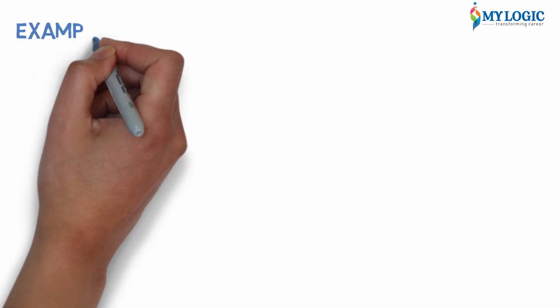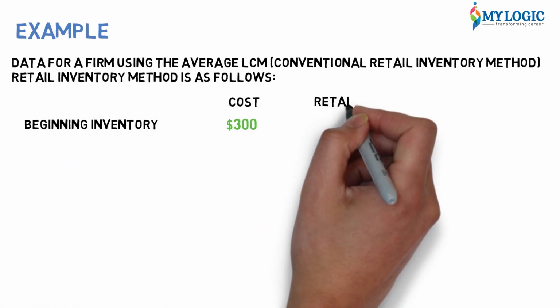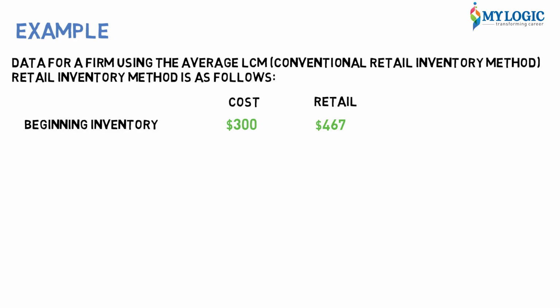Let's look at an example given below. Data for the firm using the average LCM conventional retail inventory method is as follows. For beginning inventory, cost $300, retail $467.